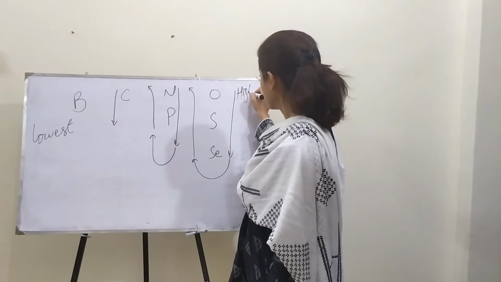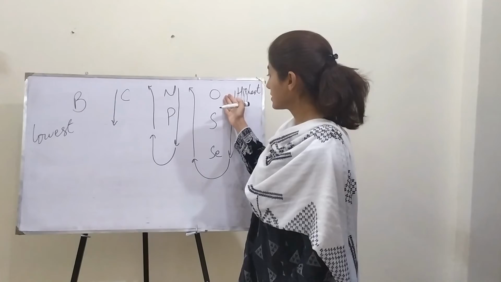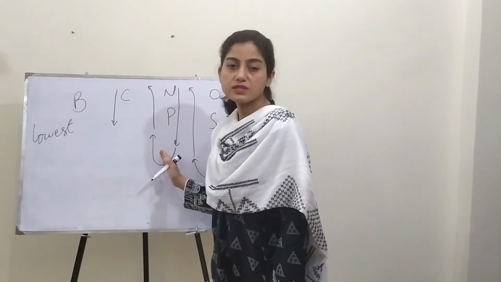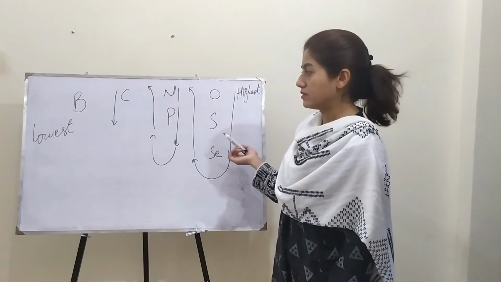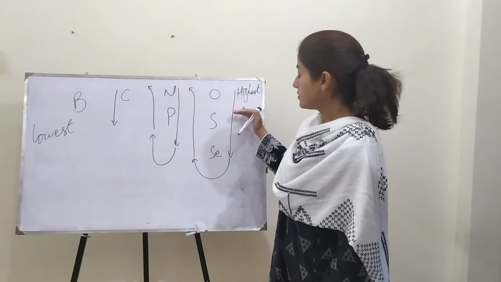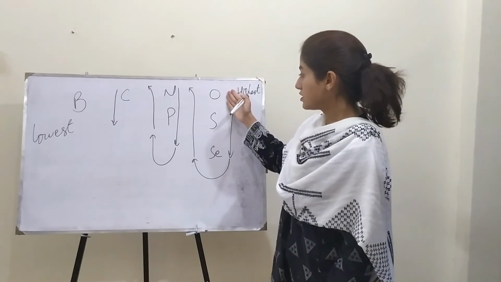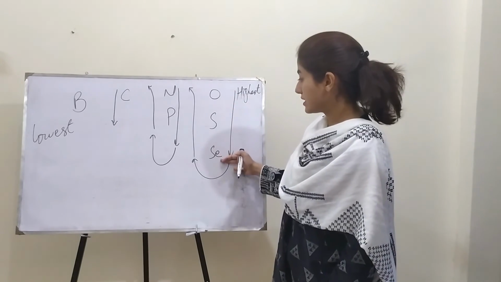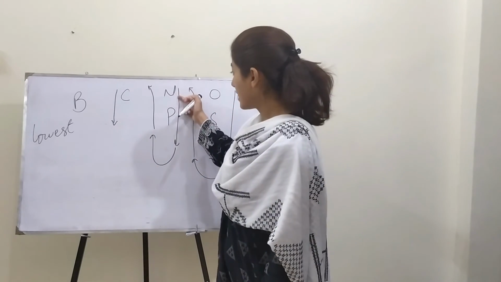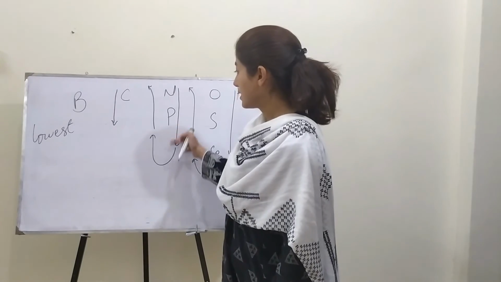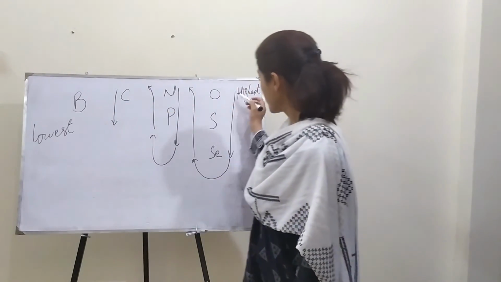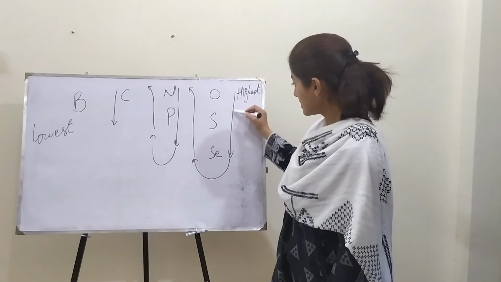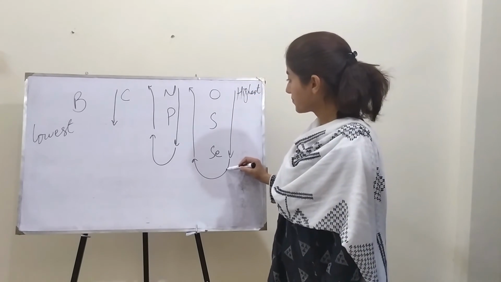Here it shows the highest priority in the case of oxygen. If these heteroatoms come in a heterocycle, any of these, then you would prefer the oxygen over sulfur and sulfur over selenium, then the nitrogen over phosphorus, and then over carbon, and then over boron. So in this way, their priority becomes decreasing along this direction.